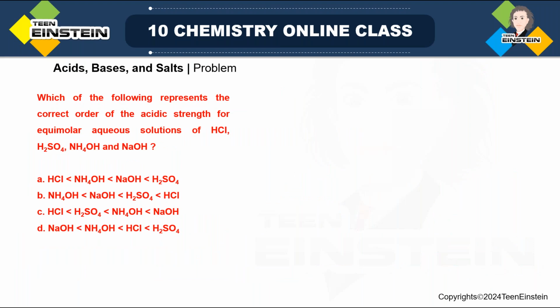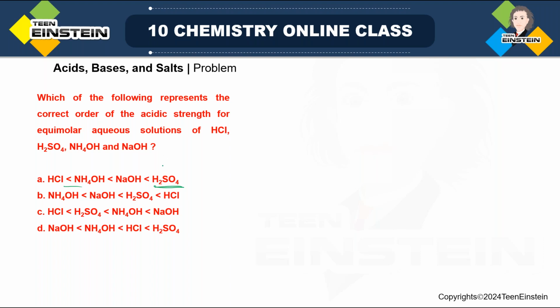Which of the following represents the correct order of acidic strength for equimolar aqueous solutions of 4 species: HCl, H2SO4, NH4OH, NaOH. Correct order of acidic strength. So whatever order you are seeing here, suppose just choose the first order. H2SO4 is present on the right hand side extreme. So what it means?